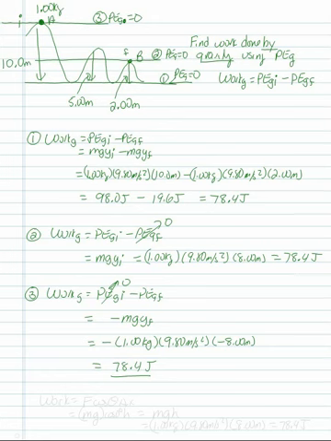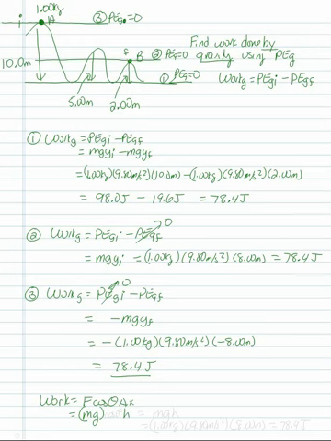Why? No matter what, gravity does 78.4 joules of work when the ball goes from A to B. Because ultimately, by formula, work is F cos theta delta x. And remember, if you really think about it, what's happening? If you want to do the work done by gravity, the force is mg. It moves a height h, and the angle between mg and the way it moves is 0.